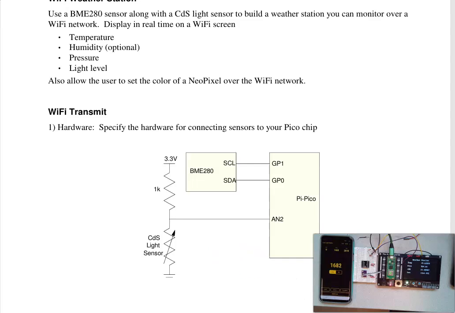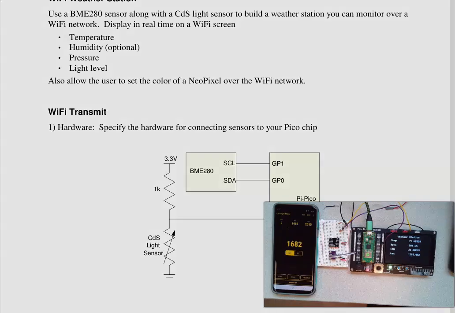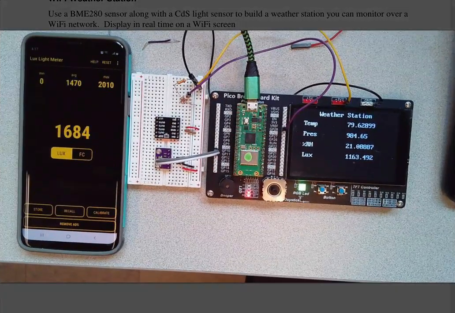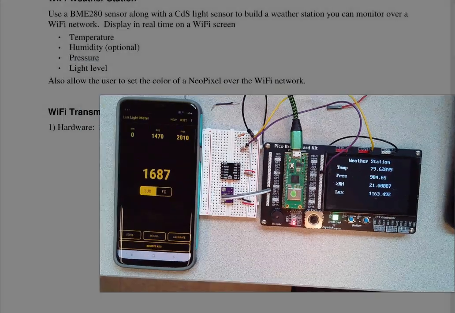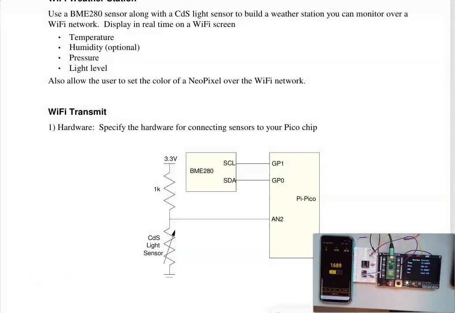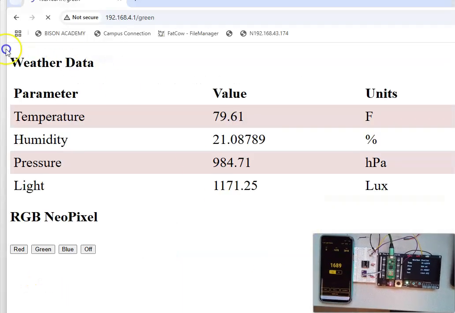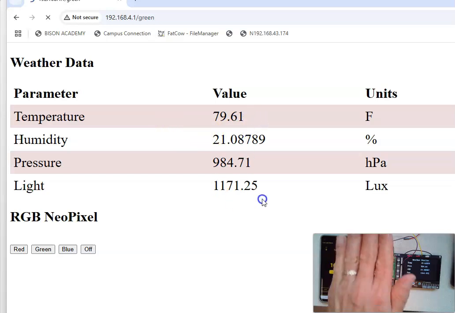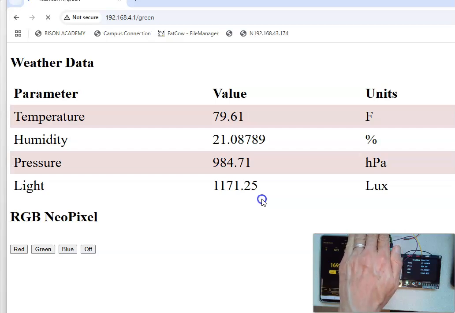Now what I want eventually is, here's the Pico side, I'll want to have a web page set up where I've got the current temperature, humidity, light. As I darken it, see the light level is dropping.